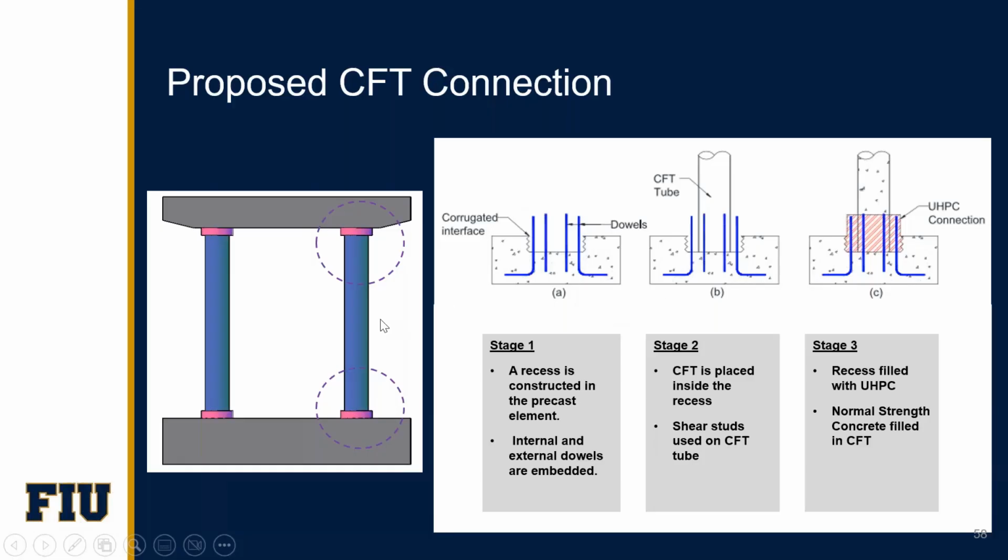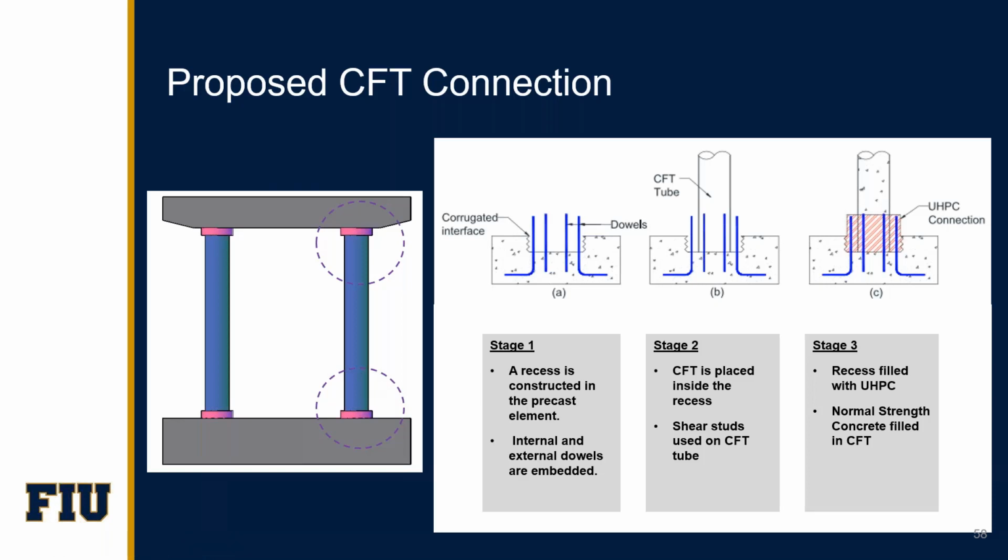Another area that we have worked, if you are interested, is how to connect concrete filled steel tube to foundations. The best detail that we have is to embed the CFT in the foundation, equal to half the diameter of the steel tube.